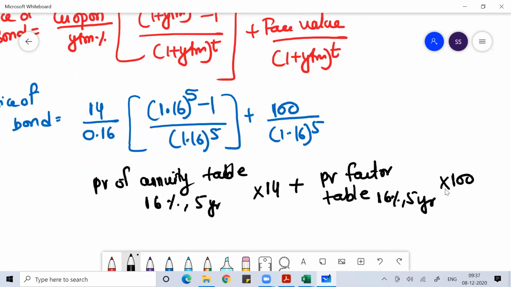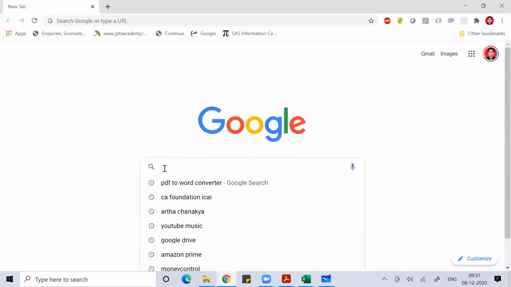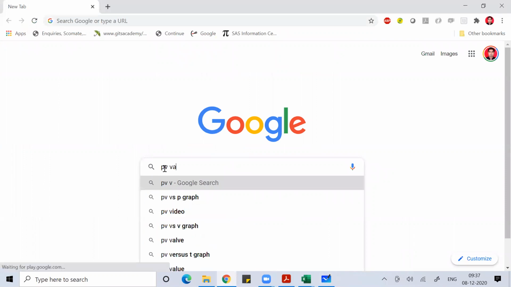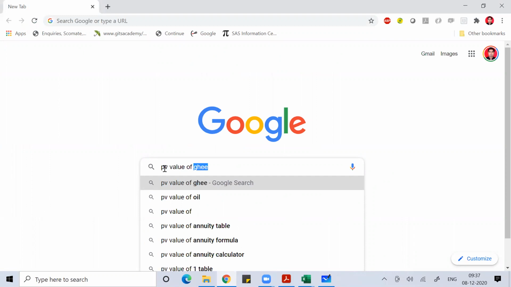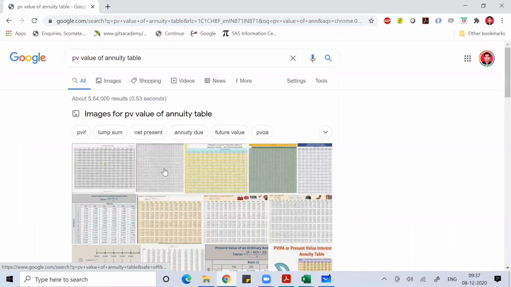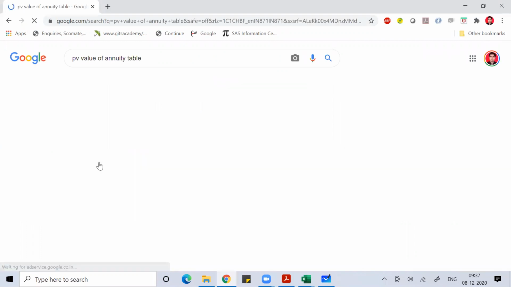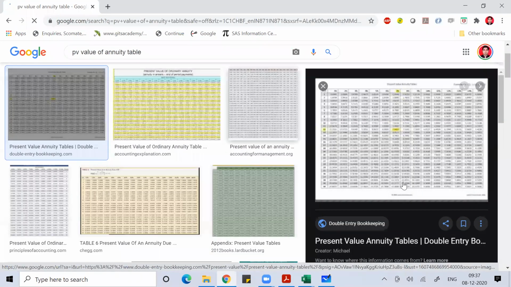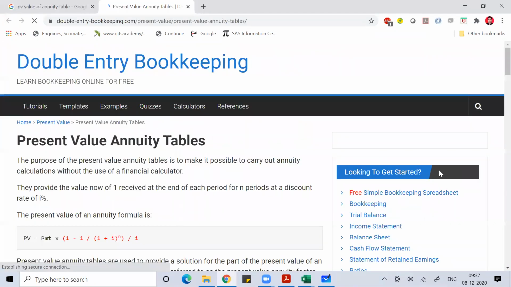That will give you the price of the bond. You can take a printout of the present value of annuity table and present value table in the exam; you will get it from your college.